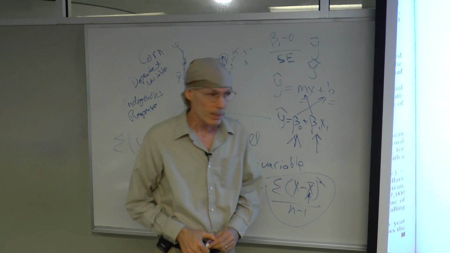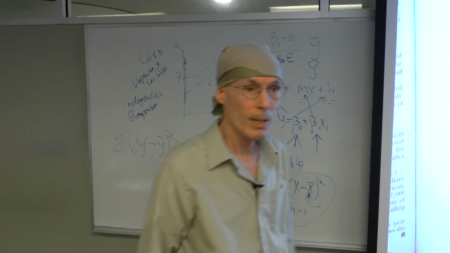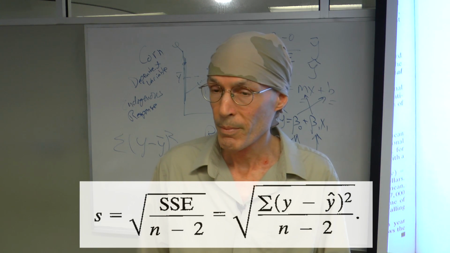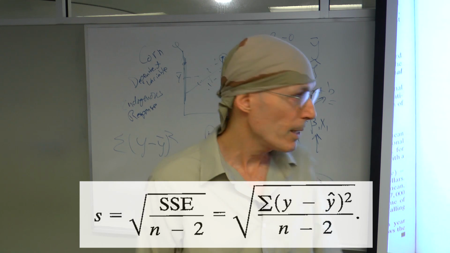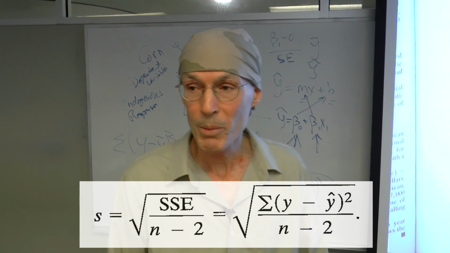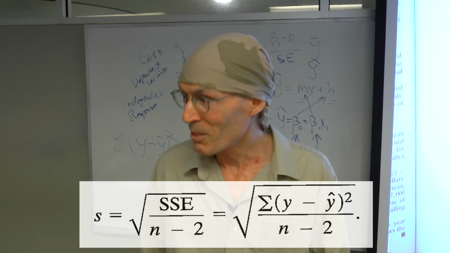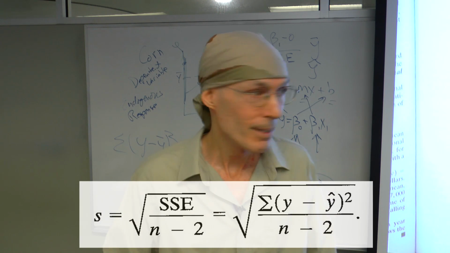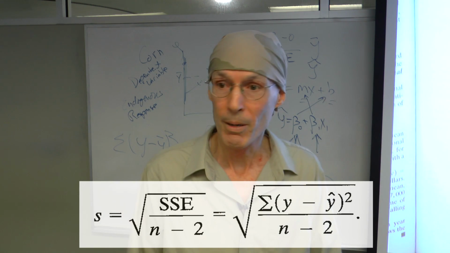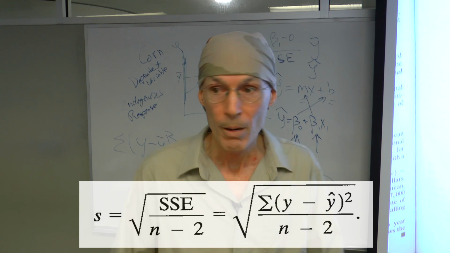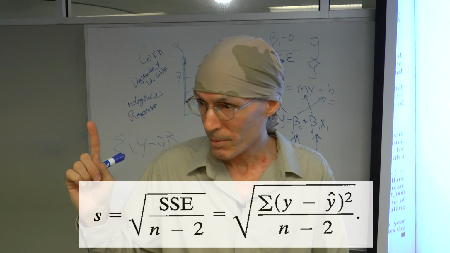Now the intuitive question is, why is this n minus 2? Why did the degrees of freedom change? How many numbers did you have to have in order to have a y bar? I mean a y hat. For a y bar you needed only 1, right?